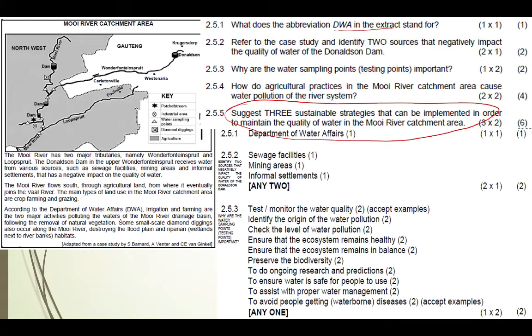That extract can be an infographic, or it can be just one extract that you read from. Most of the questions there will be based on the source that you have. But what is important is strategies: sustainable strategies to implement to maintain the quality of water.